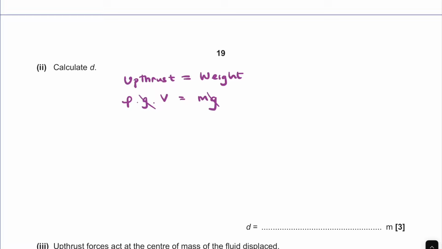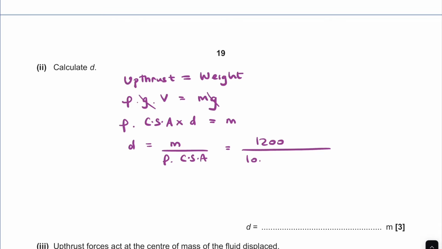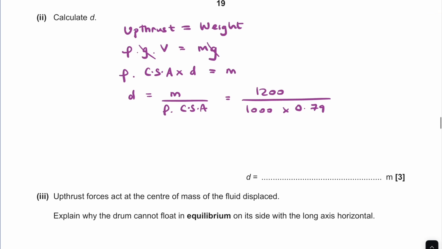Now I need to think about the volume as I'm working out the value of D. So rho times volume is the cross-sectional area times the distance, and as g cancels out, D will be equal to m over rho times cross-sectional area, which is 1200 divided by 1000 times 0.79 meters squared, which gives me 1.52 meters.